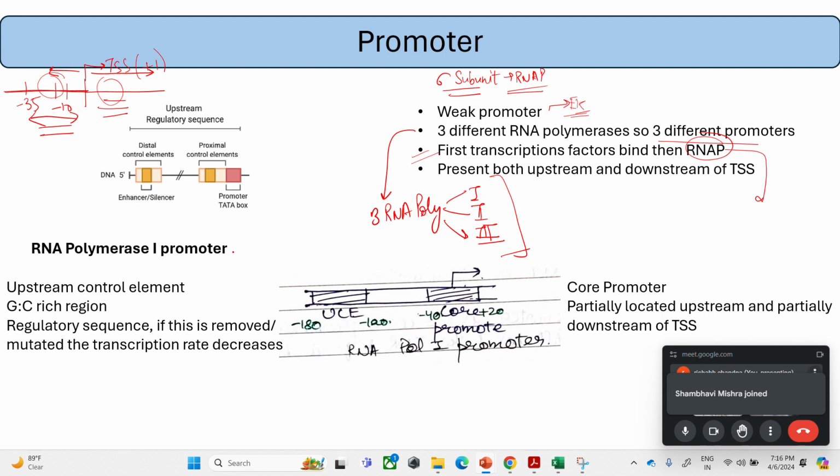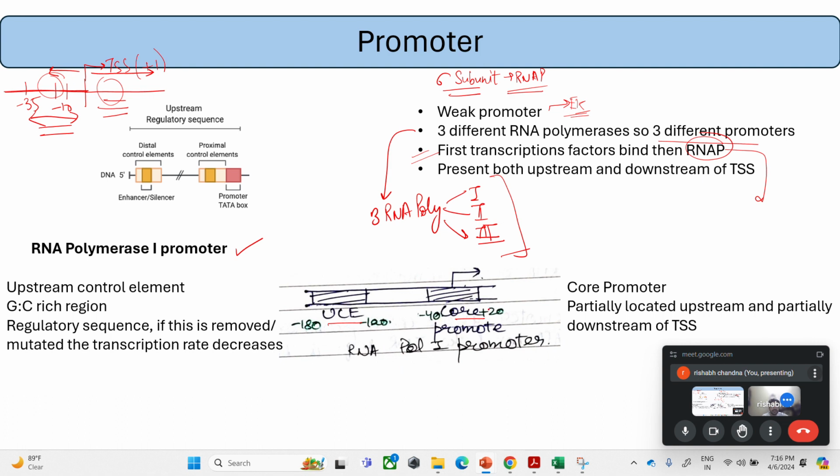So starting with the RNA polymerase 1 promoter. It basically has two regions where the basic transcription starts. One is the core promoter and the other is the upstream control element, that is UCE.